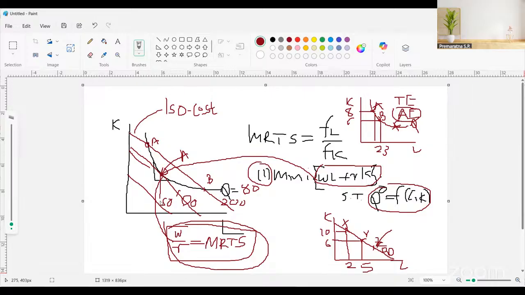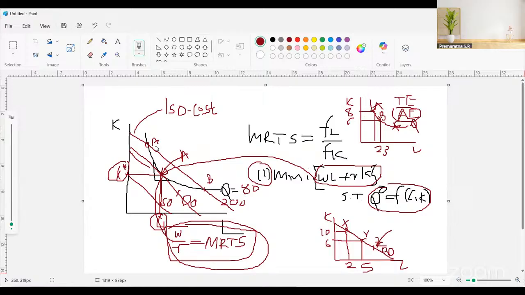There the producers use a number of labor, let's say L star amount, and a number of capital, K star amount of capital. That is exactly what is happening for producers at the equilibrium point. That is the optimal point, no other point.